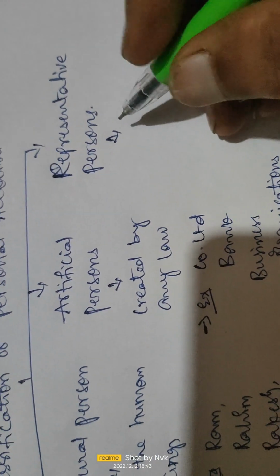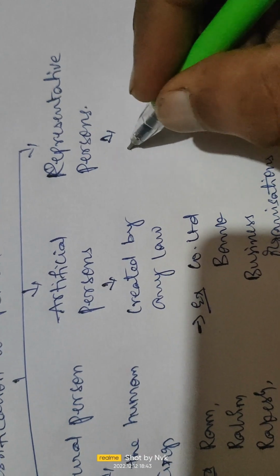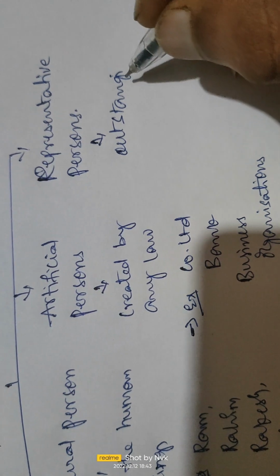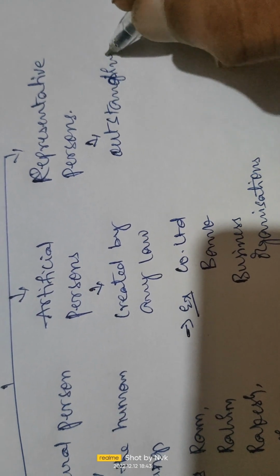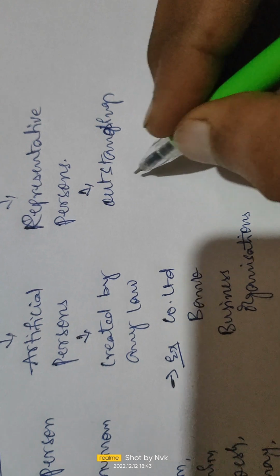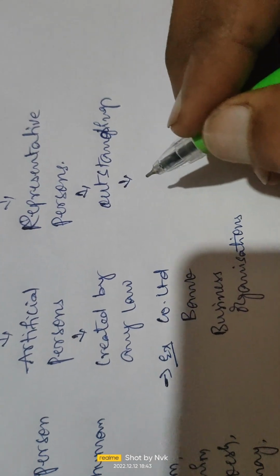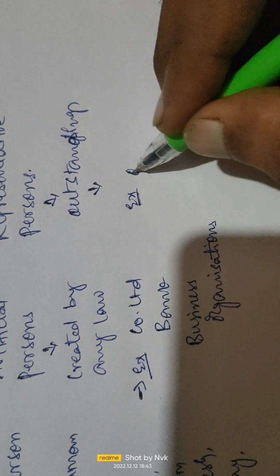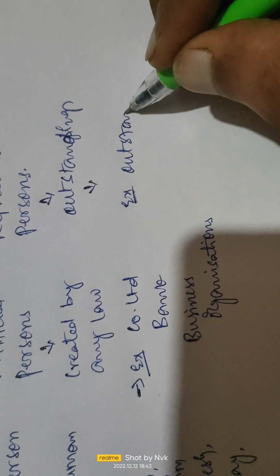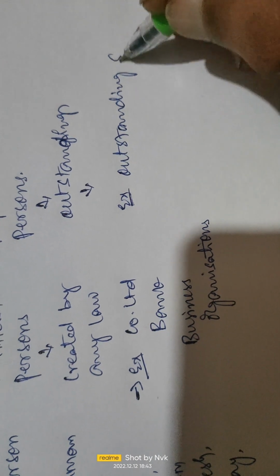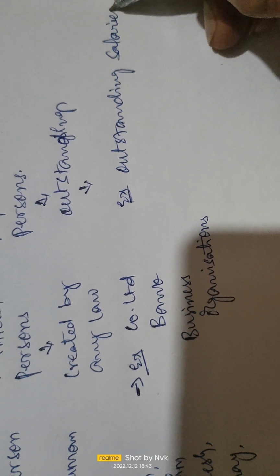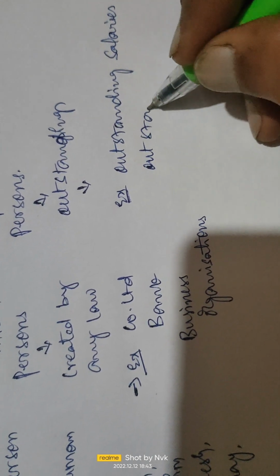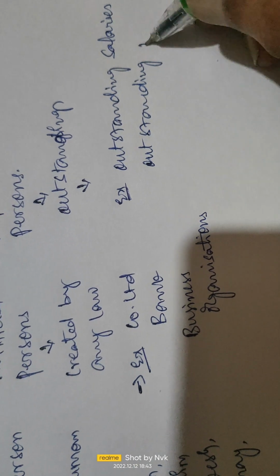Then the representative persons account. This covers all kinds of outstandings, meaning the amounts we need to pay to persons. Examples are outstanding salaries and outstanding rent.